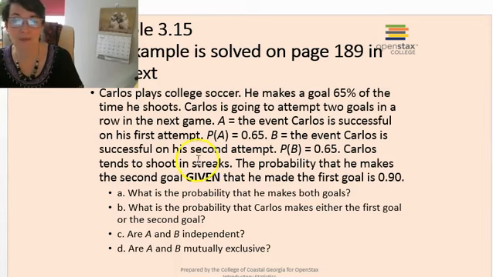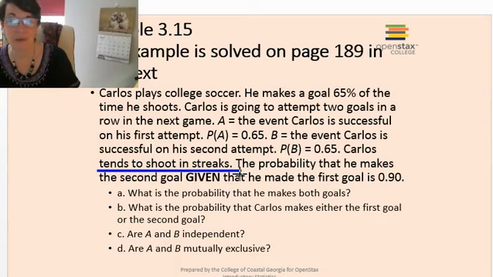We have this little bit of information that is important, because that means that A given B is going to be a little bit different than just the probability of A or the probability of B. So since he has that streaky shooting, we have that contingency there, and we have another probability to figure in.